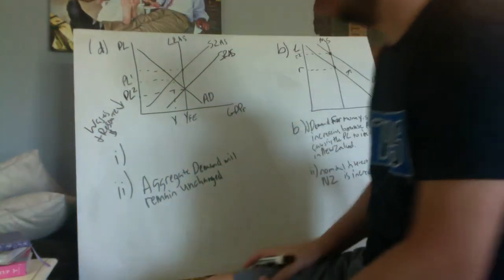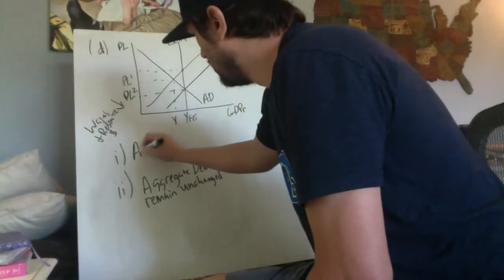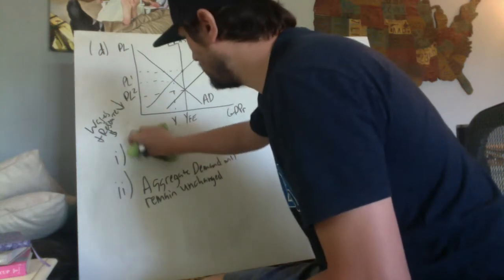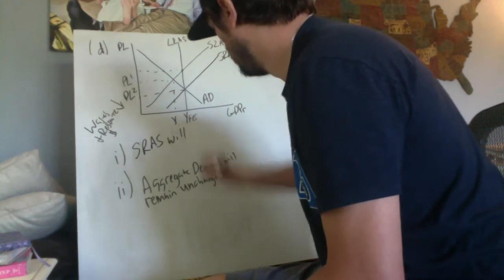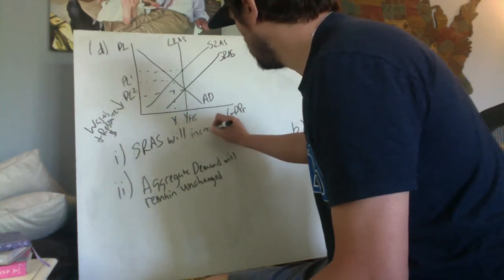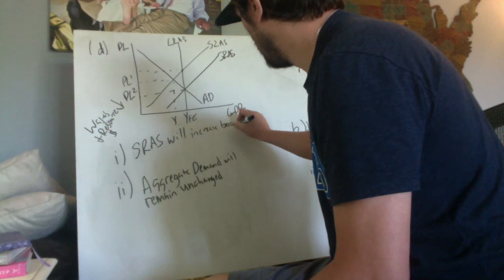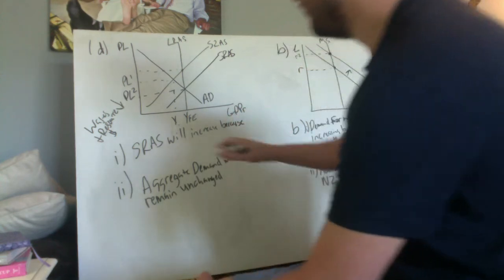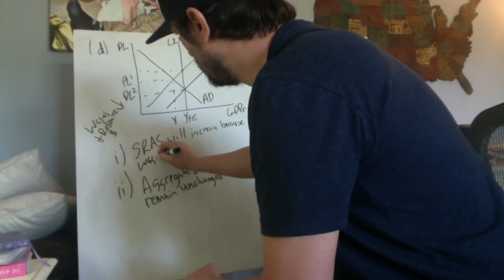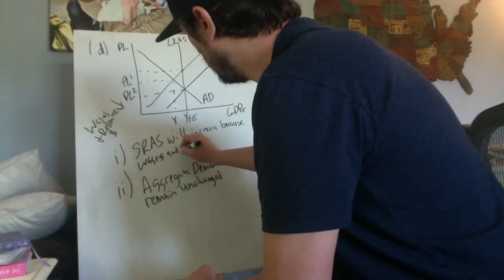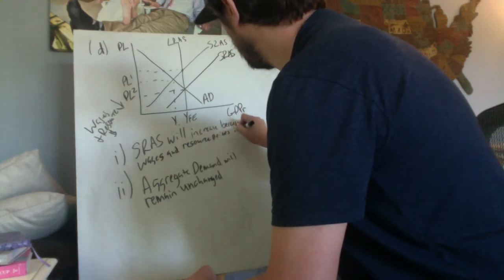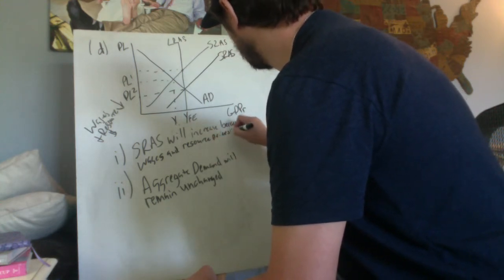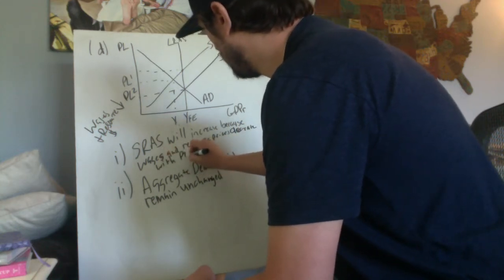And it doesn't say for us to explain, but we can just do, I'm actually going to just put short run aggregate supply will increase because, I'm going to go ahead and explain because I overdo things, will increase because wages and resource prices decrease with price level.